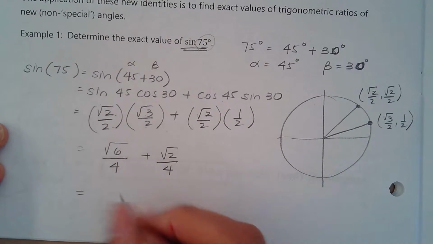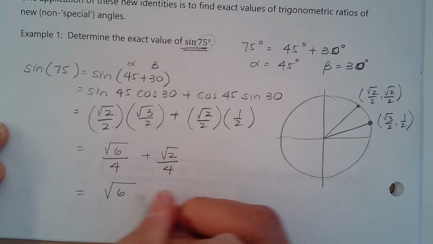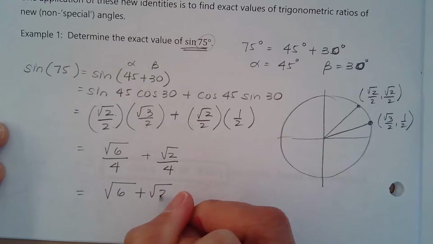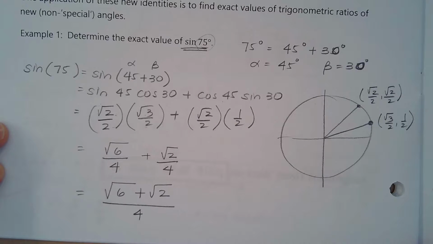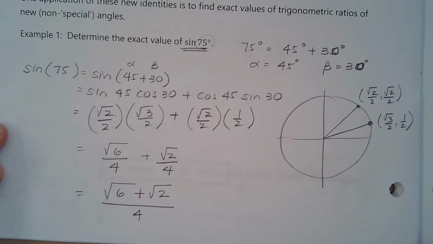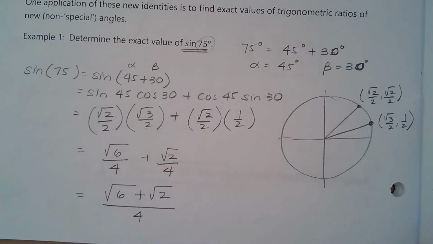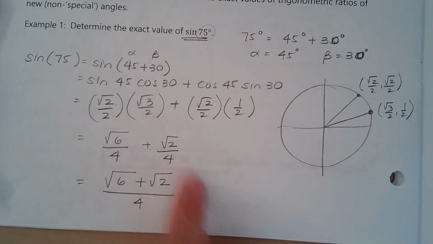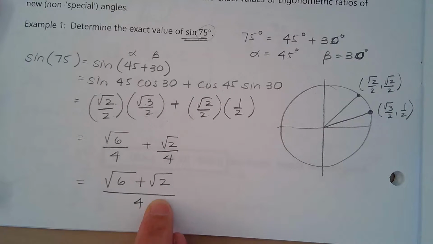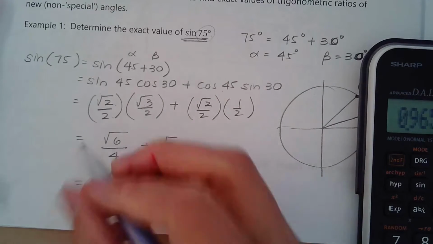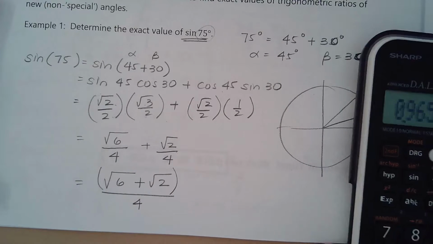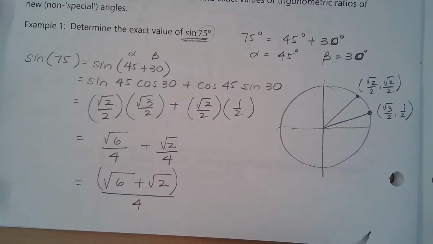Okay, what did you get? Did you get root of 6 plus root of 2, all of that divided by 4? Okay, good. Now let's go ahead and type this onto your calculator and see if we come up with the same value. So if you do this, root of 6 plus root of 2, I gotta put brackets right there so I know that everything is being divided by 4.